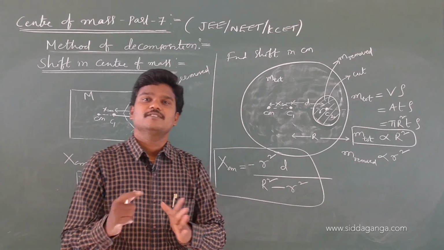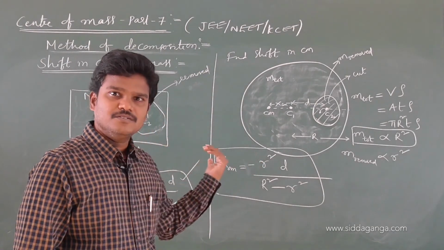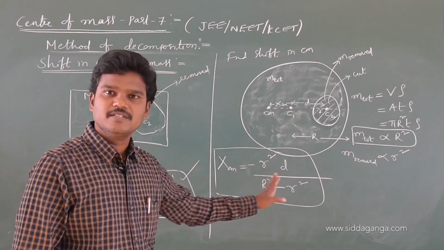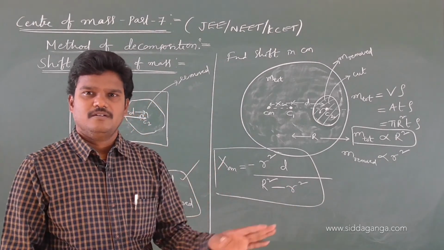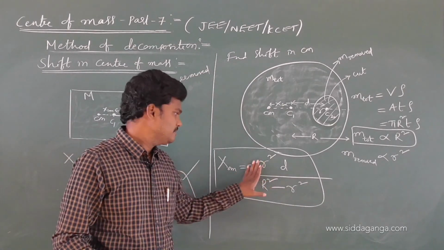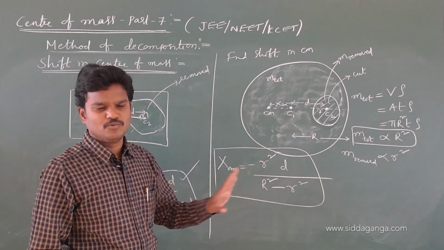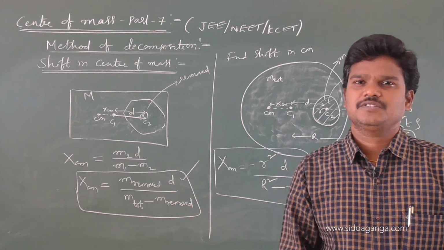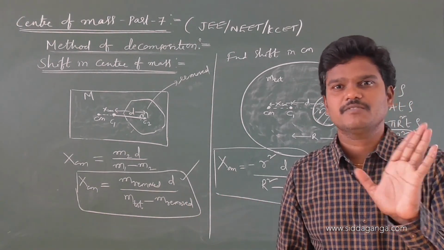No doubt the negative answer is correct, because the part is cut out and the shift is to the left. If the negative option is not available, then you can go for the positive option. In physics, most problems with no negative option, we choose positive. If both options are available, the negative answer is correct.